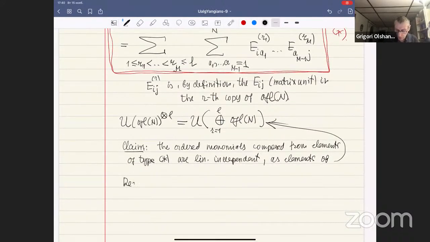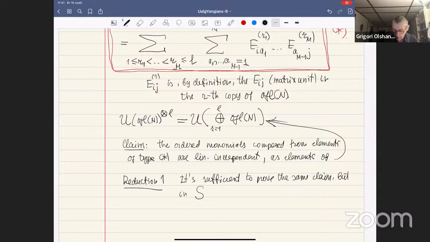So now, reduction number 1. It's sufficient to prove the same claim, but not in the universal enveloping algebra, but in the symmetric algebra, using some obvious argument related to the filtration and the associated graded algebra.